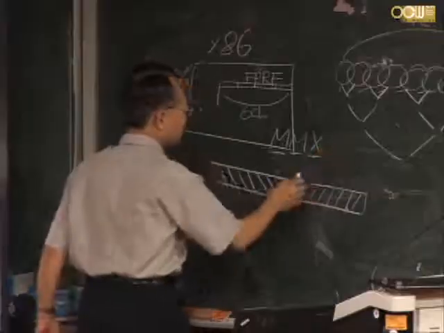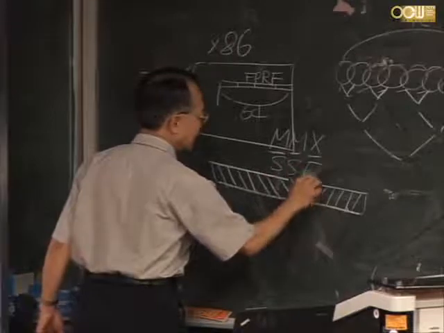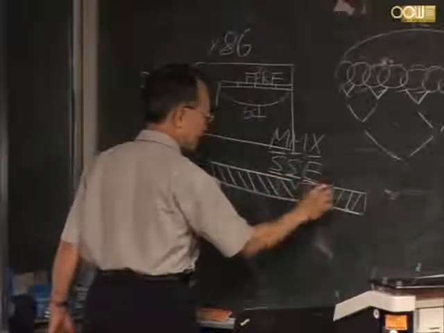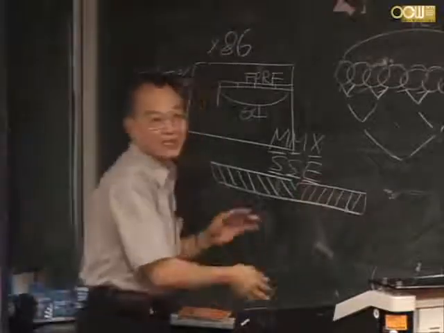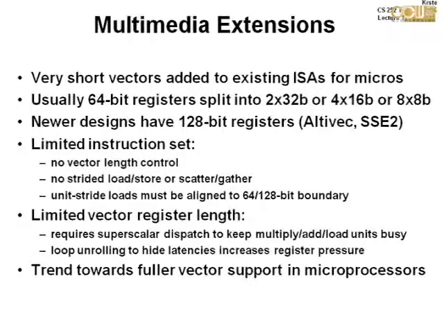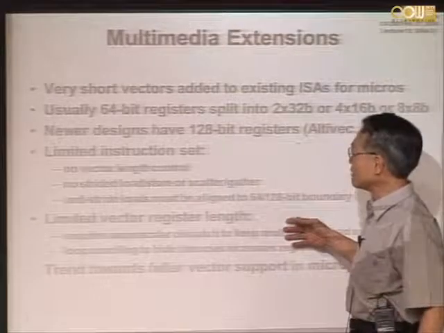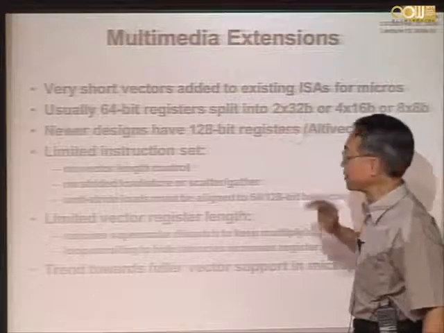Okay. Later, they have MMX2 and SSE, streaming SIMD extension. So we're facing very short vectors. We're facing limited vector register length. Why not modify our existing design to make it capable of handling short vectors?